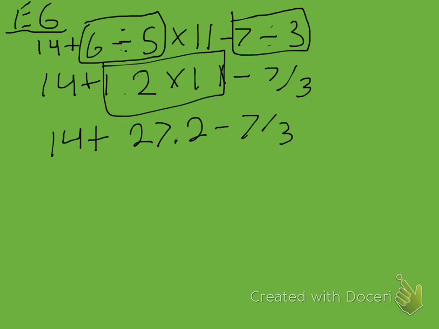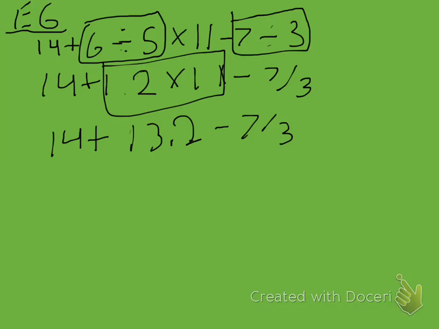And then from here, you're just going to add and subtract left to right. 14 plus 13.2, I'm sorry, my mistake again. I'm just a little off.